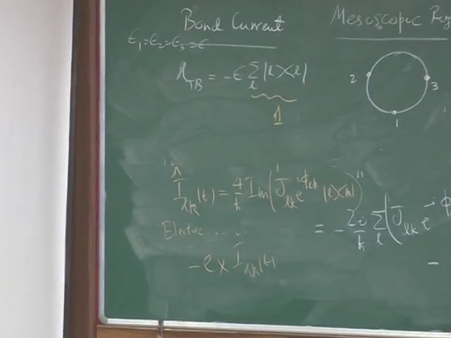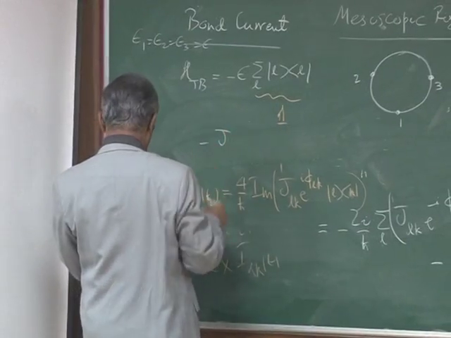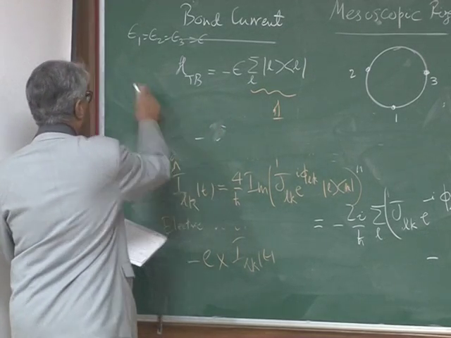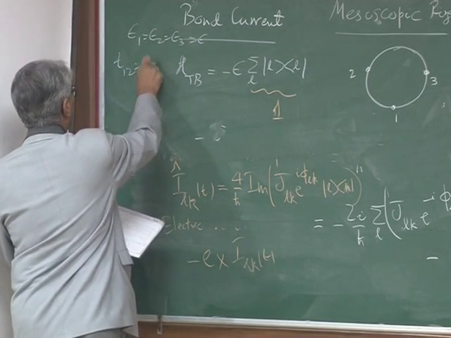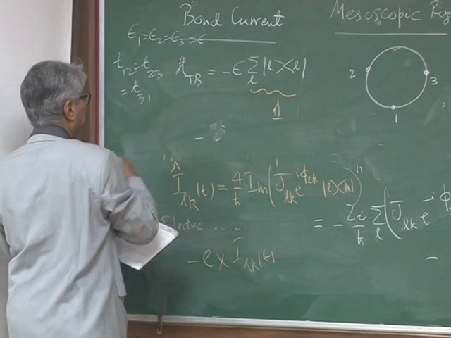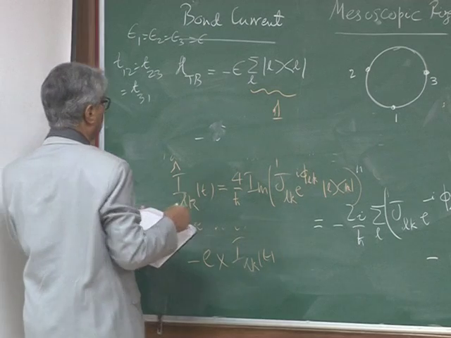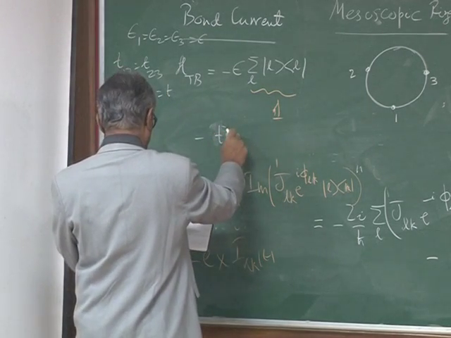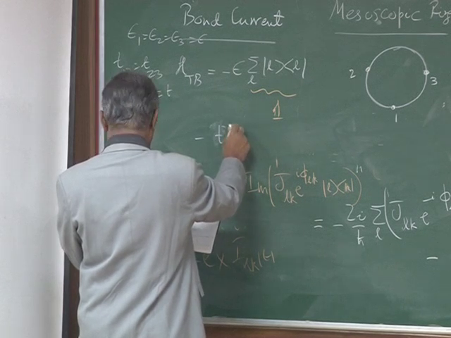But now I have the other terms, and so I have to juggle with this. I'm also assuming that T12 is the same as T23 is the same as T31. So it's the same as T. So I get a minus T. However, there's the Aharonov-Bohm phase.